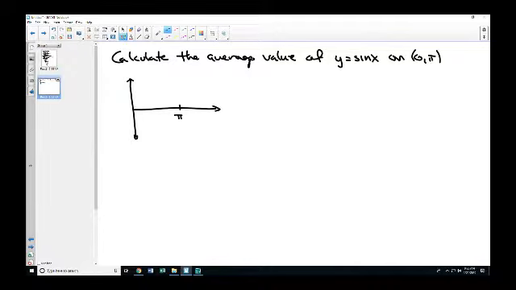What does sine x look like from 0 to pi? Just from 0 to pi. Right? And then if we wanted to go to 2 pi, it would continue. Okay. What is this actually calculating?